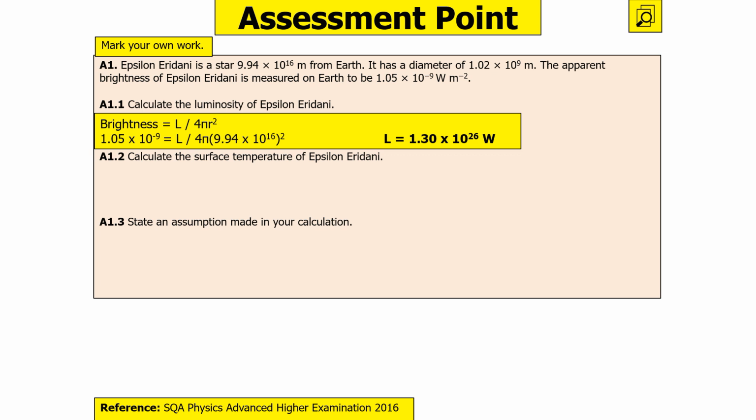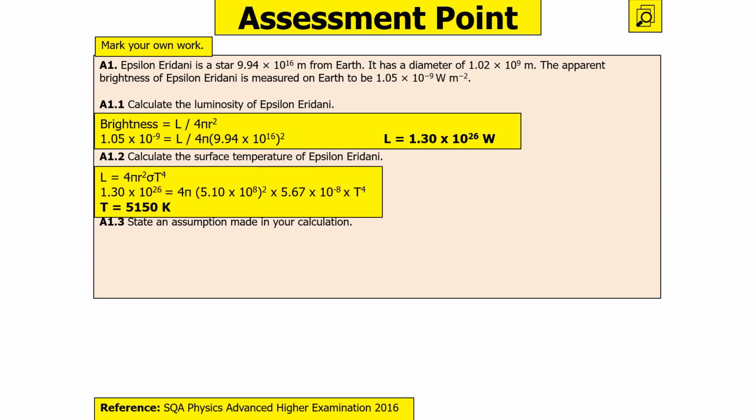So you can work out our luminosity: 1.30 times 10 to the 26 watts. We can then work out the surface temperature by using Stefan's law, because we know that the luminosity is equal to sigma A T to the power 4. Now we know that A equals 4 pi r squared, so we can pop it all through. We get 5150 Kelvin.